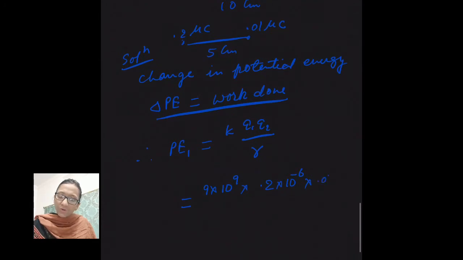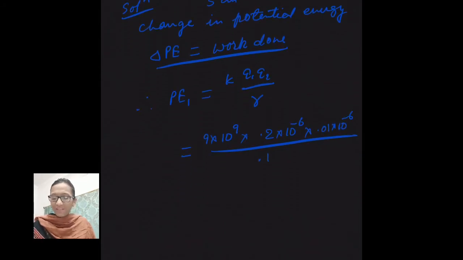And this is your second, Q2, which is 0.01 into 10 power minus 6, upon R, and R is 10 centimeter, and that is equal to 0.1 meter. This is potential energy 1.